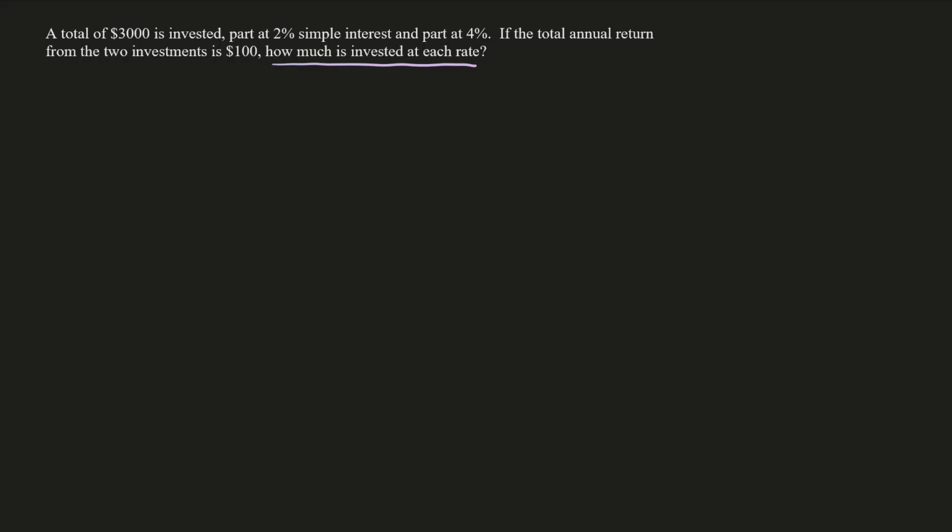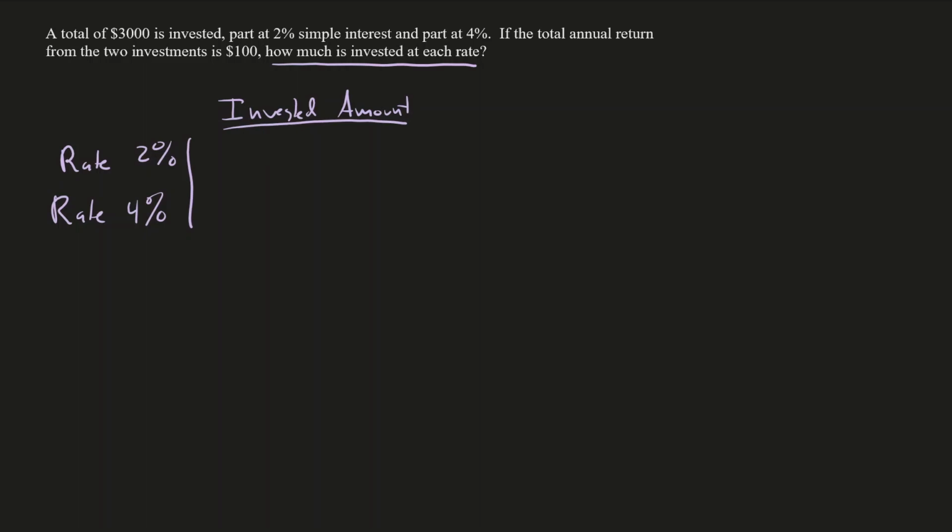I'm going to delineate these as rate 2% as a row across, and then the rate 4%. This is going to help us determine our data here. And then we have the invested amount here.